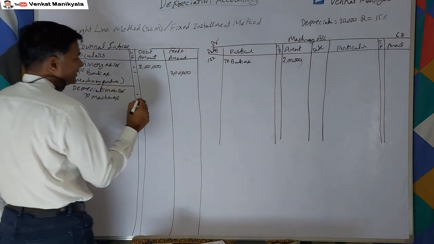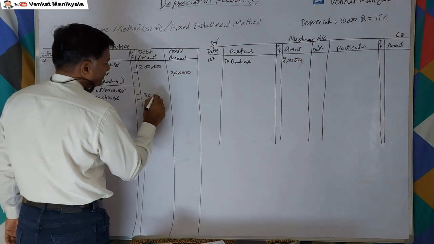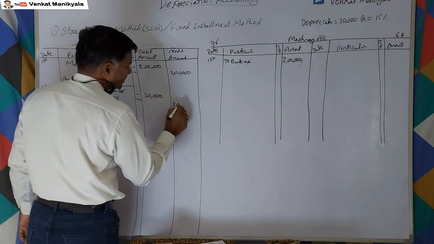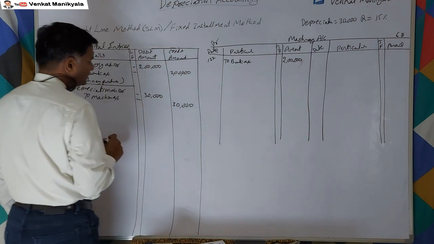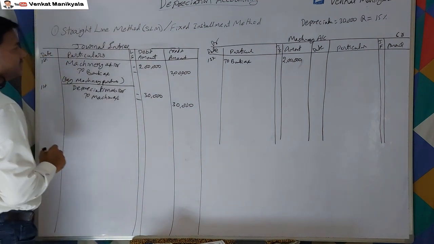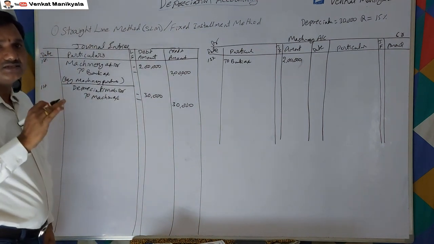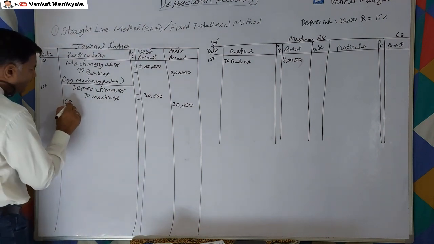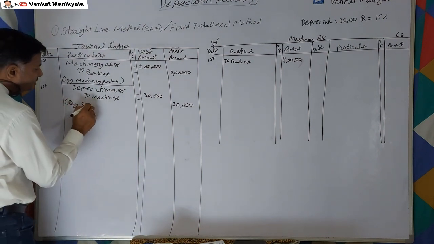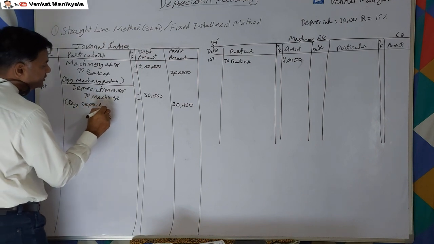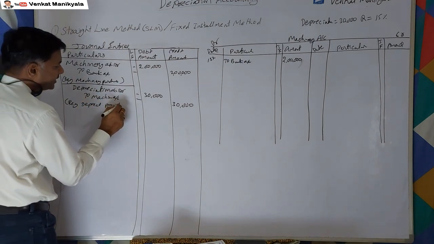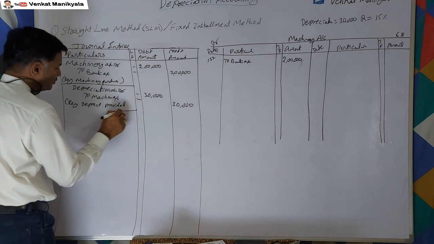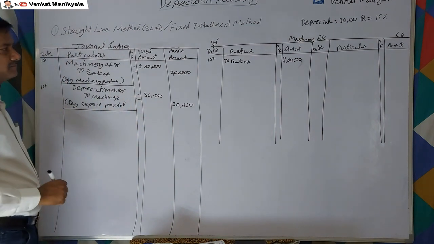So depreciation is 30,000. Directly we can write 30,000. Because it's the fixed installment method or straight line method, every year the depreciation remains the same, that is 30,000, right? Being depreciation provided, that is also in the first year, right?